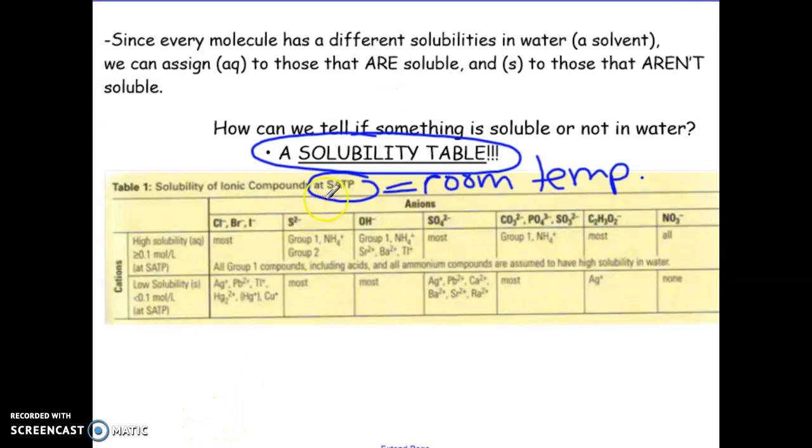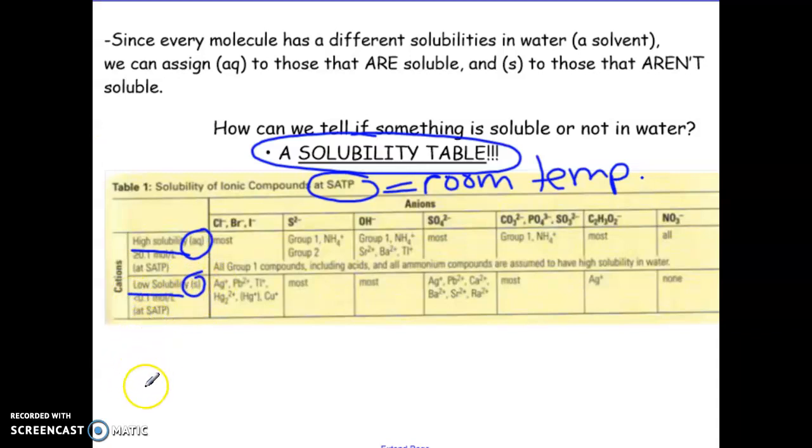That stands for standard ambient temperature and pressure, which in other words is room temperature. So here, the 2 columns essentially separate high solubility from low solubility. High solubility, you're going to see that there's a little AQ written beside it. Low solubility, there's a little S.